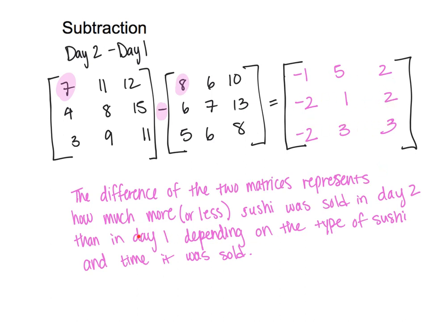So that's why I said more or less sushi was sold in day 2 than in day 1, depending on the type of sushi and time it was sold at. So there is a very simple explanation you can give for the subtraction of the two matrices. So I hope that gives you an idea to work with when you are doing your matrices.